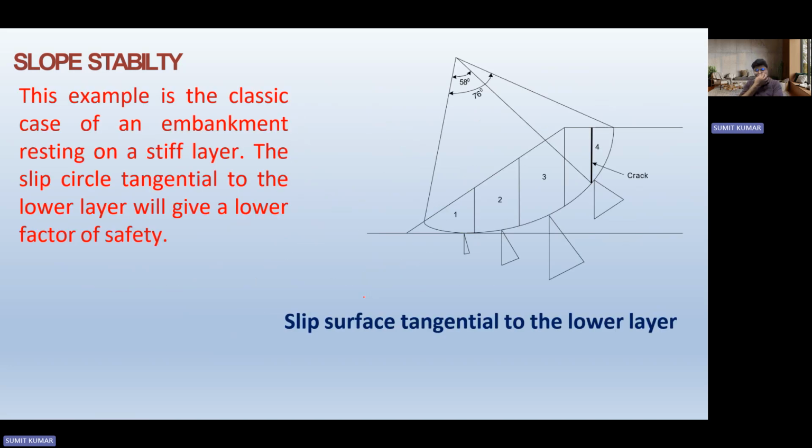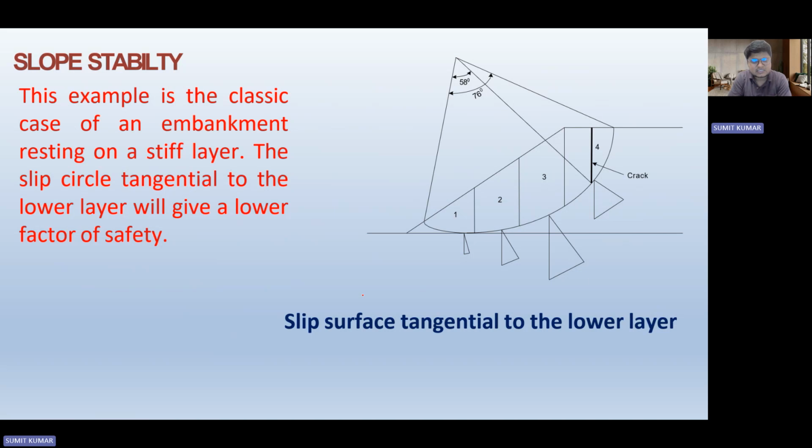Now another type of problem which could be there, which requires maybe some graph paper sheets in which you need to plot these points in order to evaluate the slip point, in which we consider the various slices and perform the calculations based on those slices, and moving ahead we find the elaborative solution regarding the same.